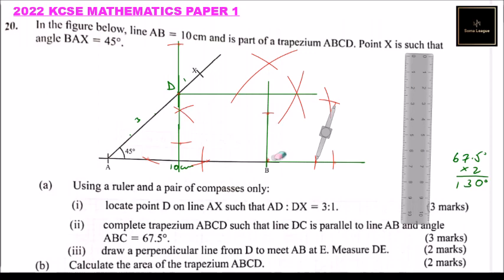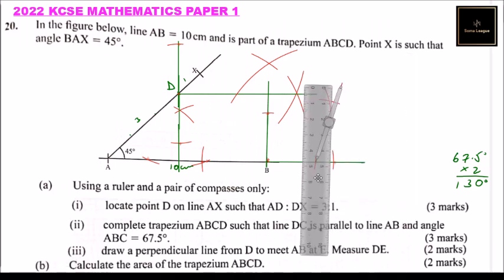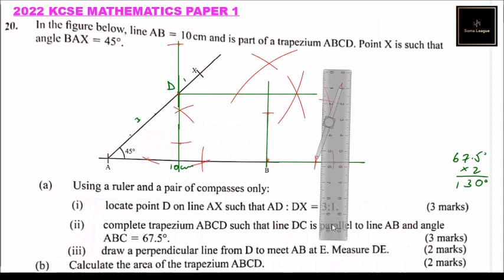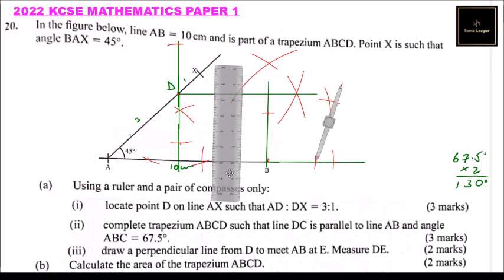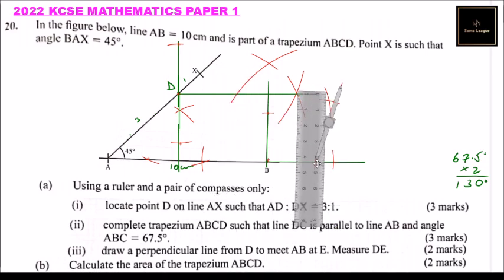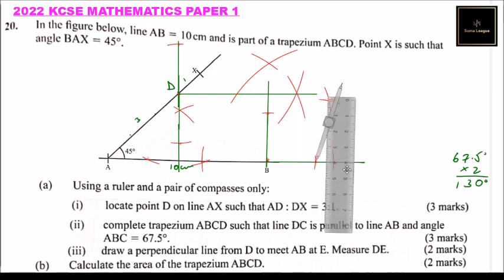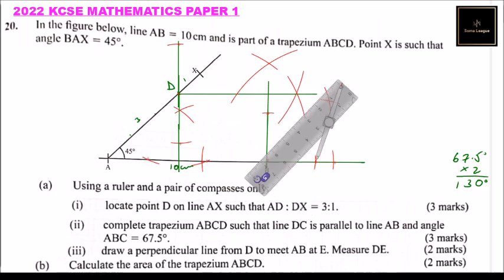To get now the angle 67.5, we are going to bisect. Now this angle here is, we can use a ruler and bring it here. We draw, so let's draw this. We are going to use that and this point here.